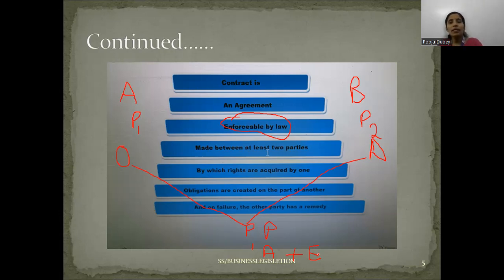Why is this agreement enforceable by law a contract? Reason being that when you are giving your acceptance to another party, that offer and acceptance create an obligation before the party, that whatsoever you are supposed to perform, you are obliged to perform. If you have taken admission in a course, you have to complete your course. This is an obligation before you.